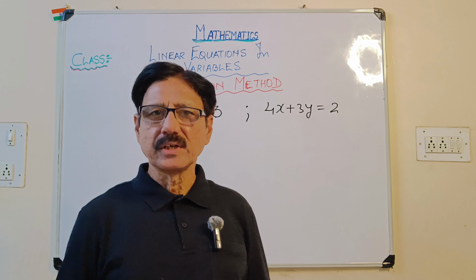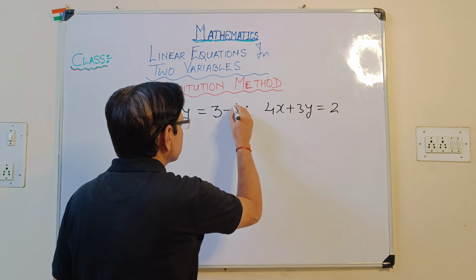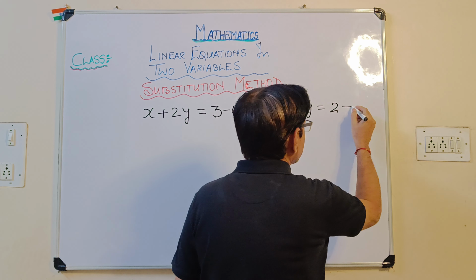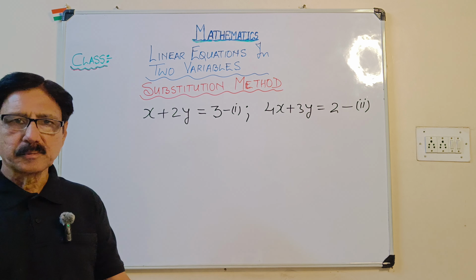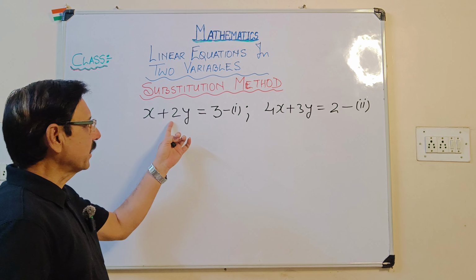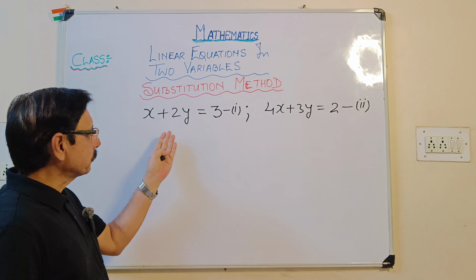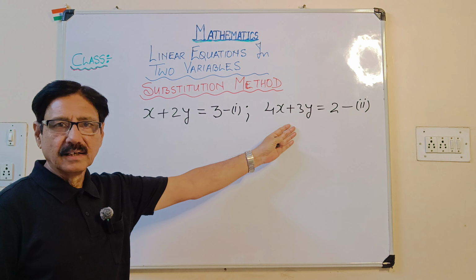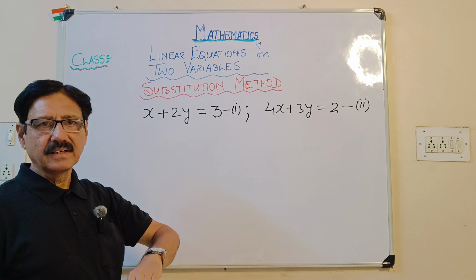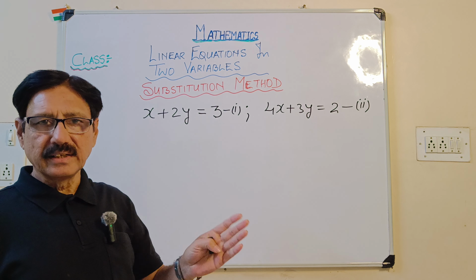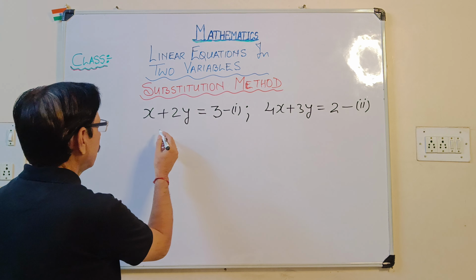So a pair of linear equations is with you, and we can mark this as the first equation and this as the second equation. What I explained earlier is that we substitute the value of one variable into the second one, so we get a third equation in one variable only, and very easily we can solve it. Now see how I am going to solve.